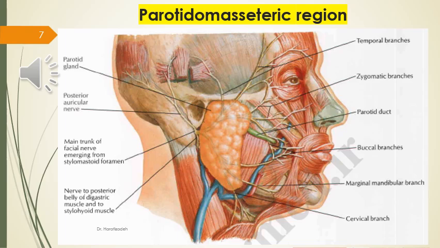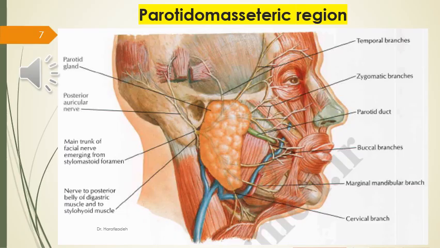Okay, after the facial muscles, we have a region called the parotidomasseteric region. In this region, which is located in front of and below the ear, we have a muscle called masseter, a gland called parotid.